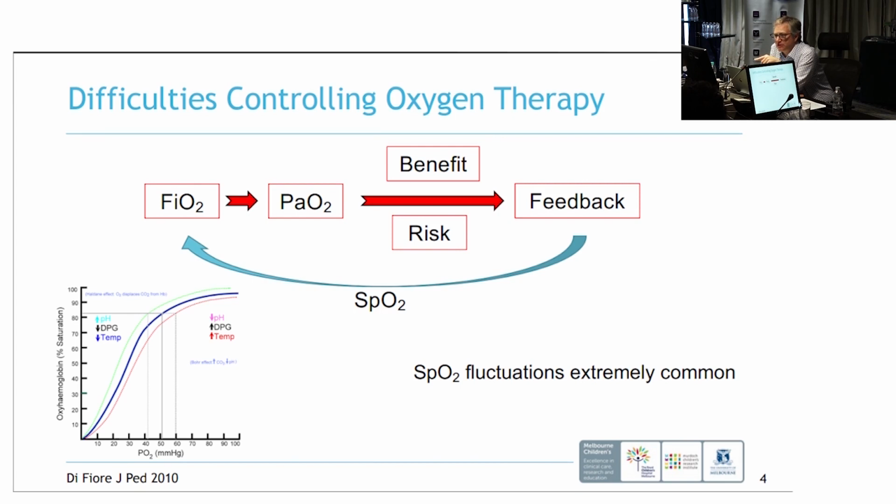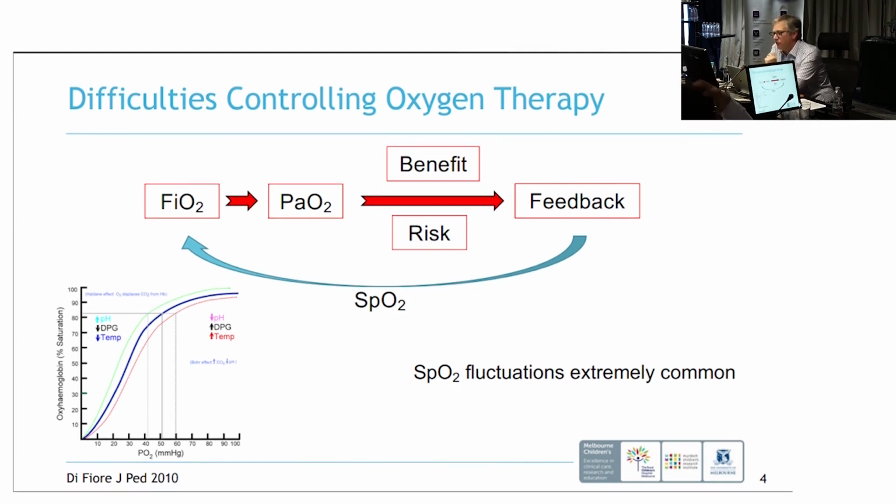So a way of actually telling us that our drug therapy change, our dose change, has had an impact on what we're interested in. And that thing we're interested in is PaO2, but we don't measure that. We measure SpO2, which is the saturation of oxygen in the peripheral tissue, not in the central tissue as well. It is not PaO2.